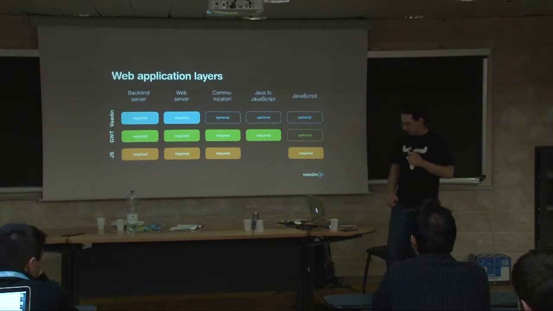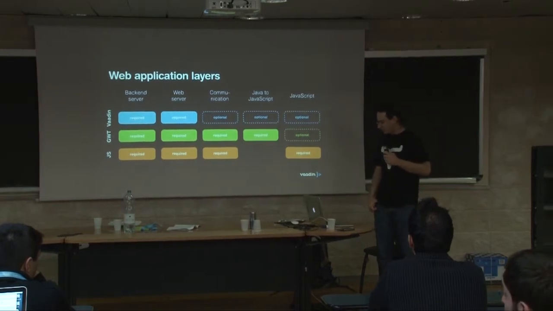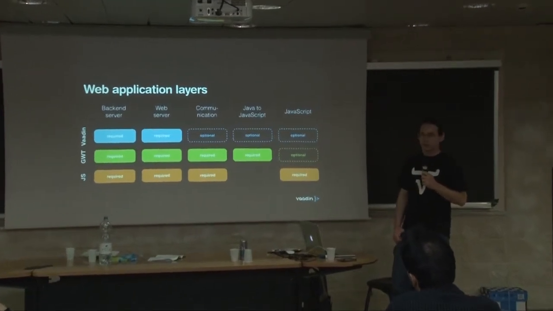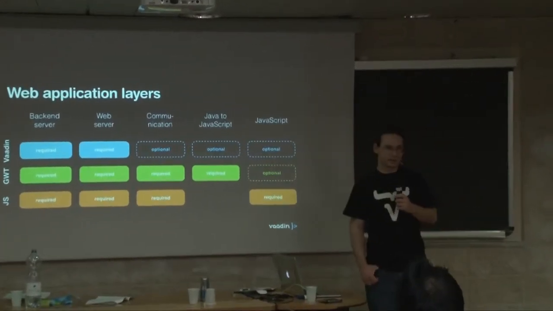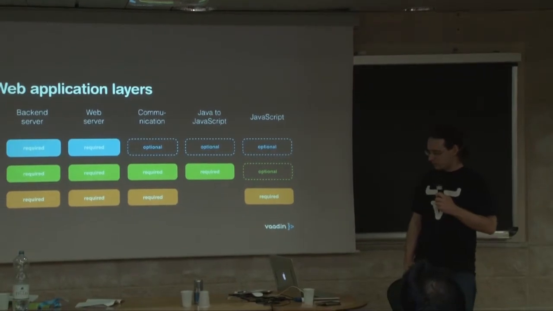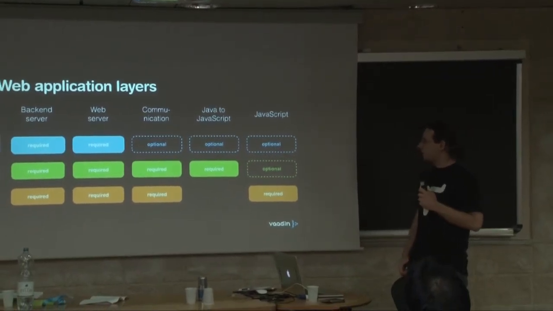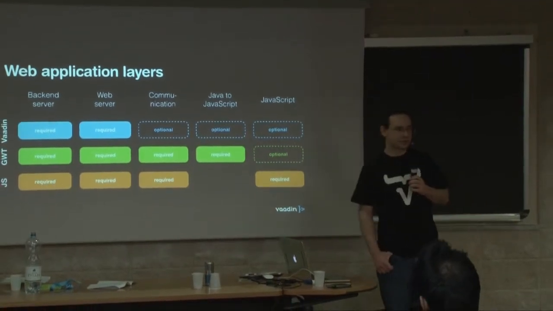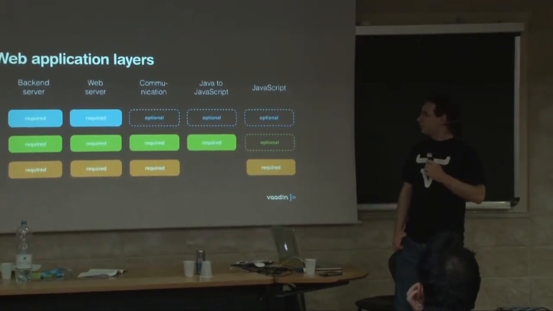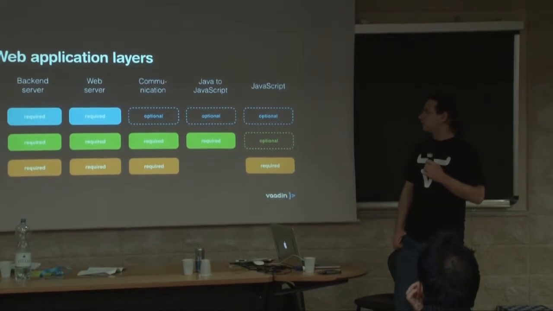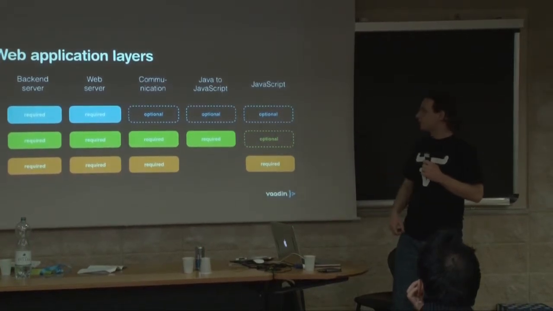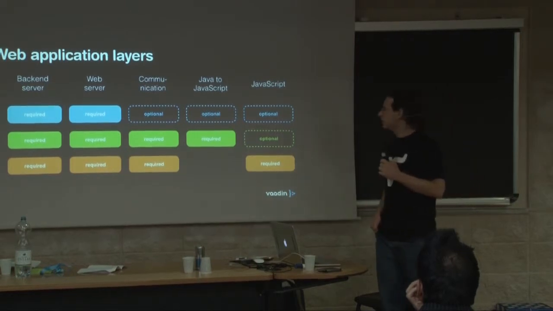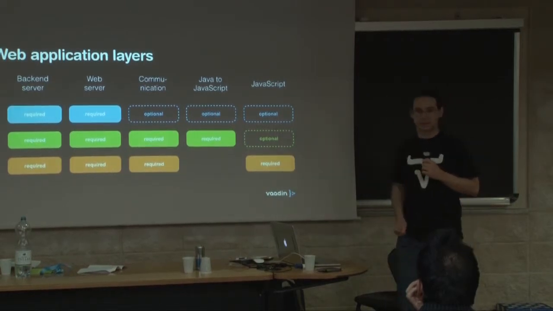Vaadin goes beyond that, and basically it eliminates the need for you to write the communication and the client-side layer. So all that you write is on the server side, and the rest Vaadin generates for you. If you need more control, then of course you can go and interfere with how Vaadin does it, but all the rest of the layers are optional.